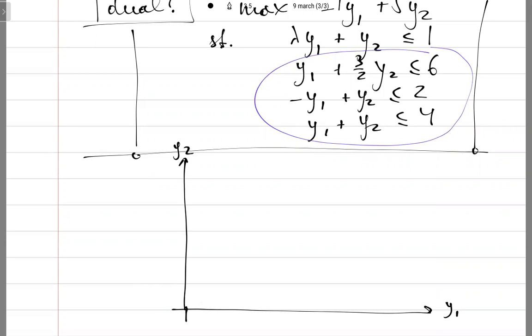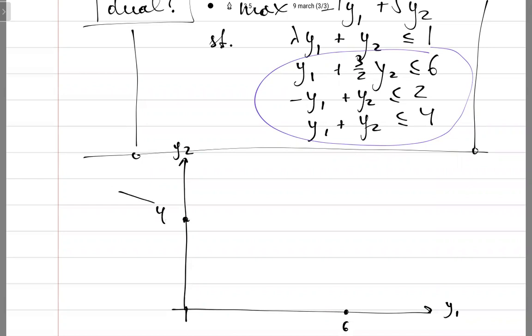So let's start with the second one. y1 plus, it will be 6, it will be, I think, 4.